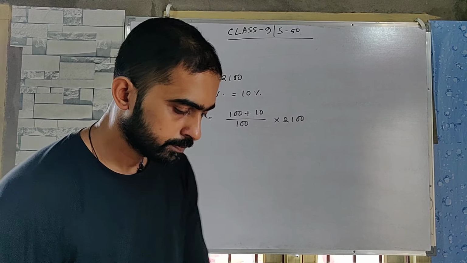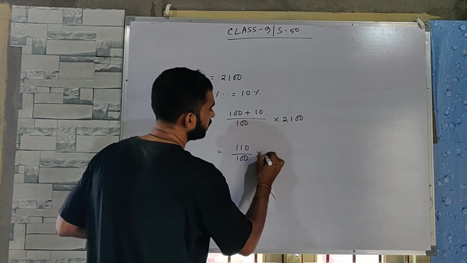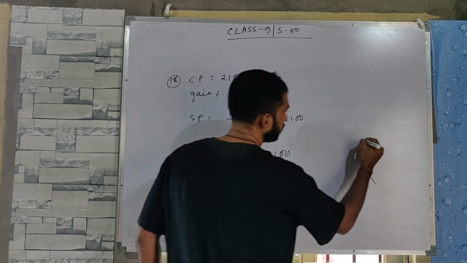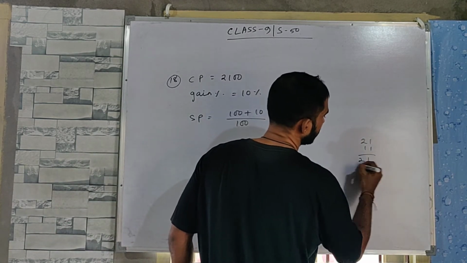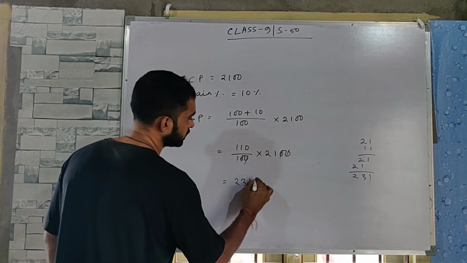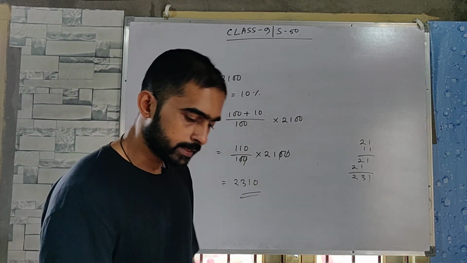So 110 by 100 into 2100. Cancel. 21 times 11, 231, so 2310. So this is the SP of the given question.